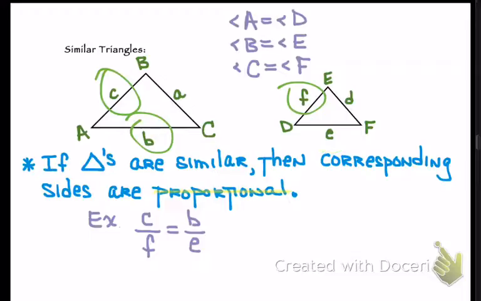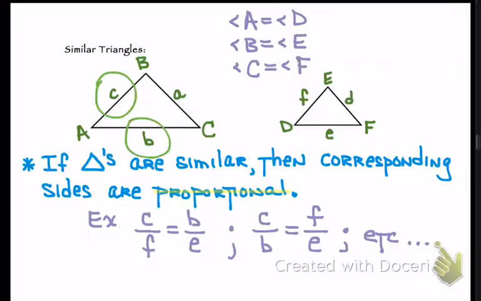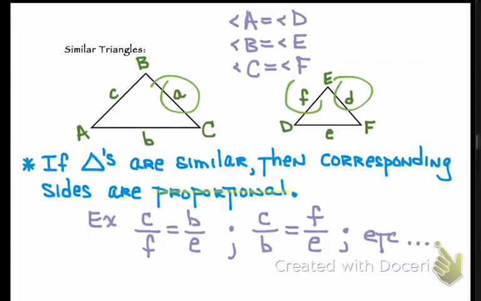Alright, I could also do C over B equivalent to F over E. Think about how else you could set up a proportion. I don't know, A over D is equal to C over F, right?